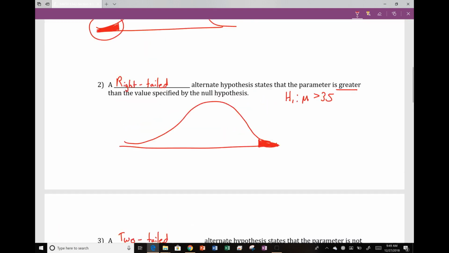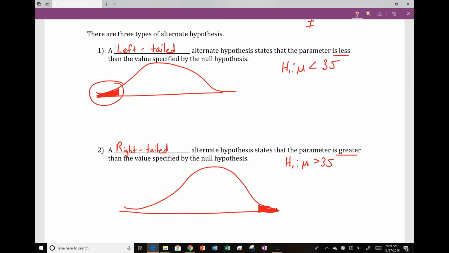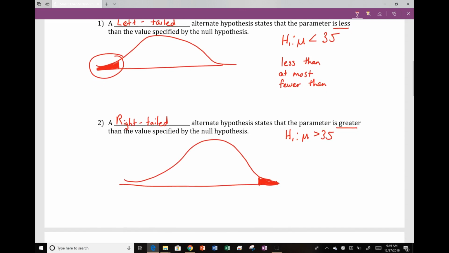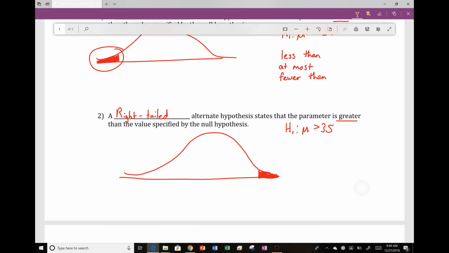So whenever we're looking at these up here, left-tailed is going to be less than, at most, fewer than. These are some of the key phrases that will signify a left-tailed test. Some that we'll consider for a right-tailed test, of course, is greater than, more than, at least. Okay?